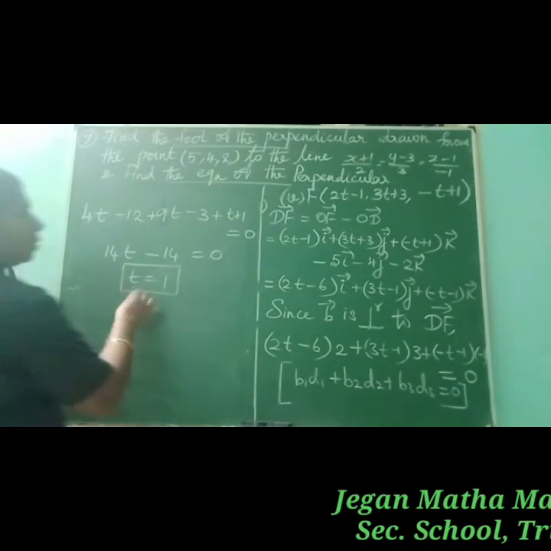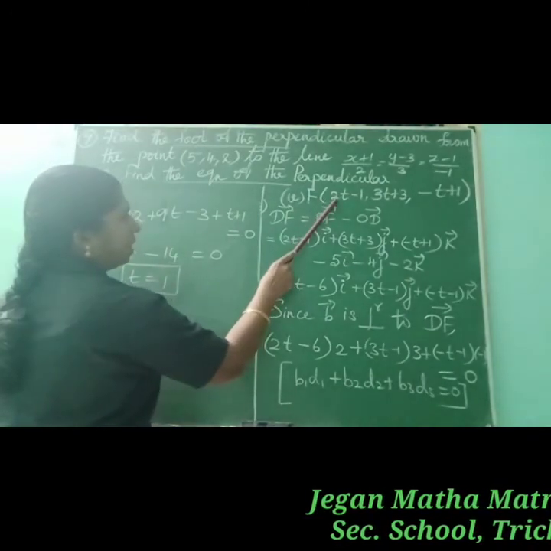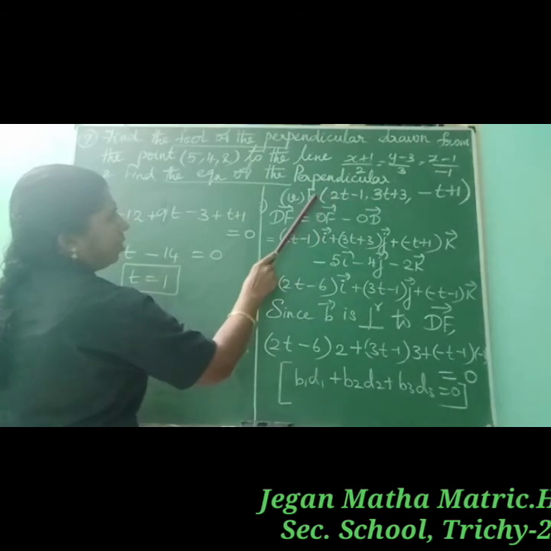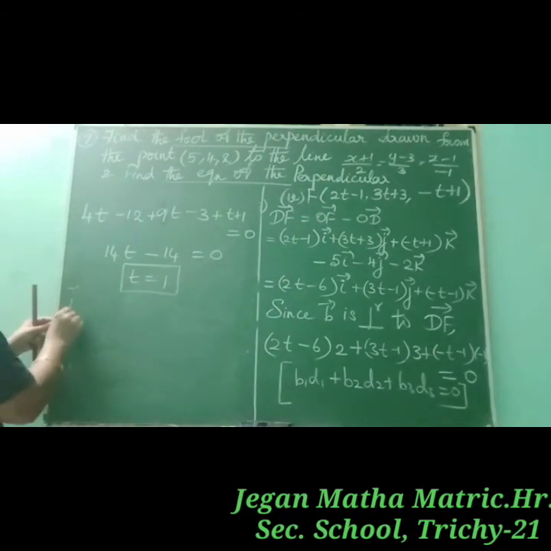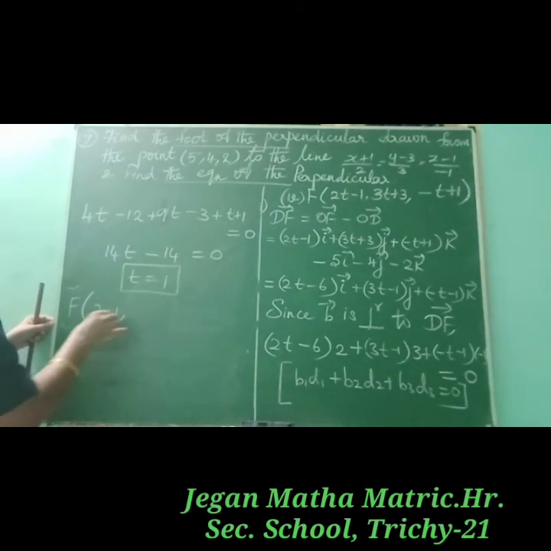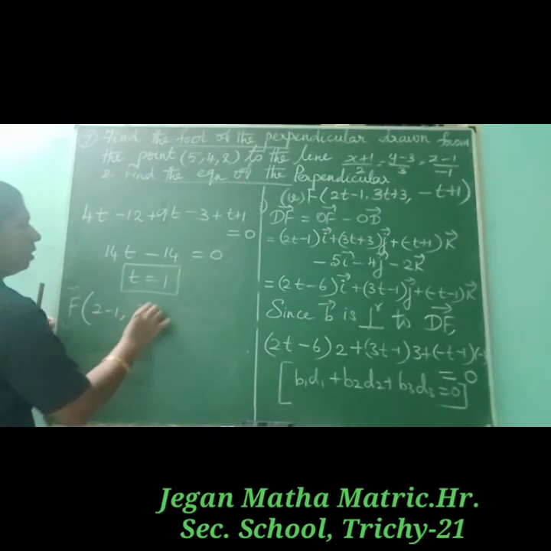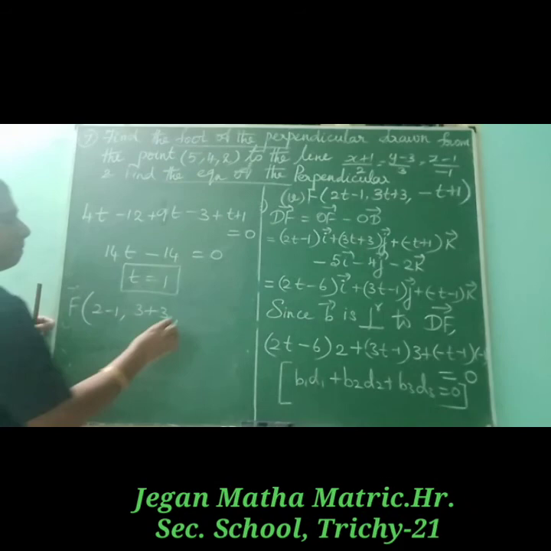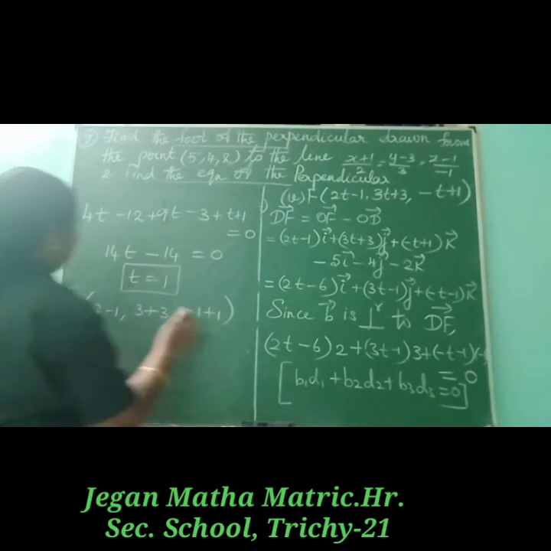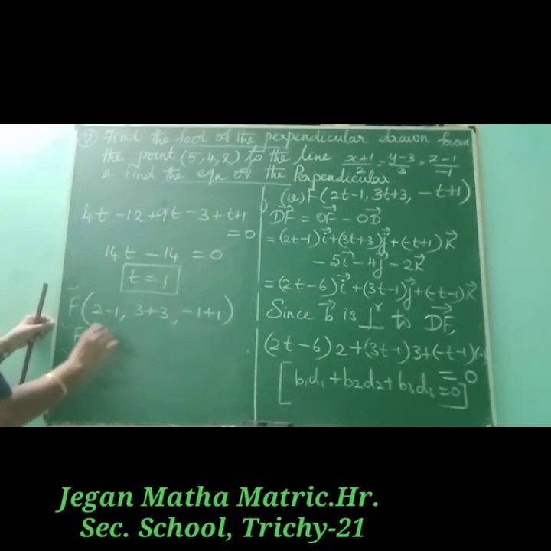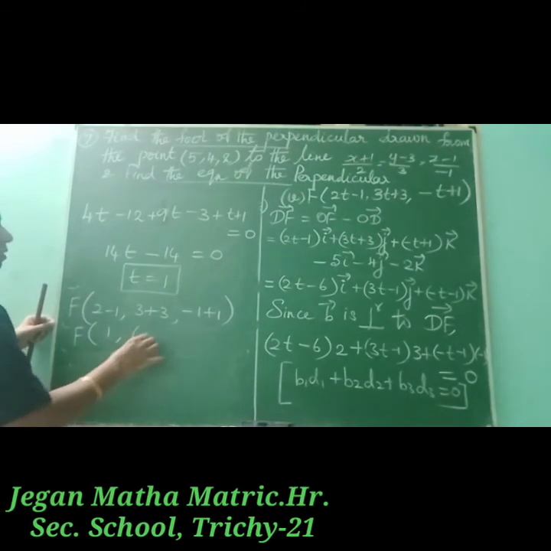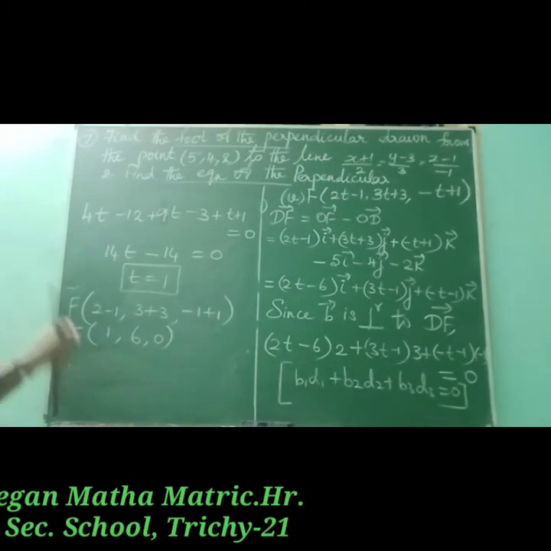Now you can substitute t = 1 here and find the value of F. Therefore F is (2t - 1, 3t + 3, -t + 1) = (2 - 1, 3 + 3, -1 + 1). So now we got the point F as (1, 6, 0).